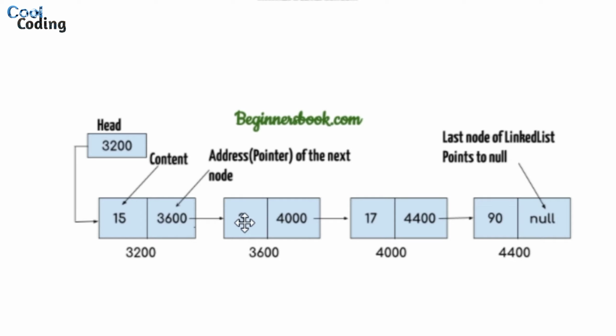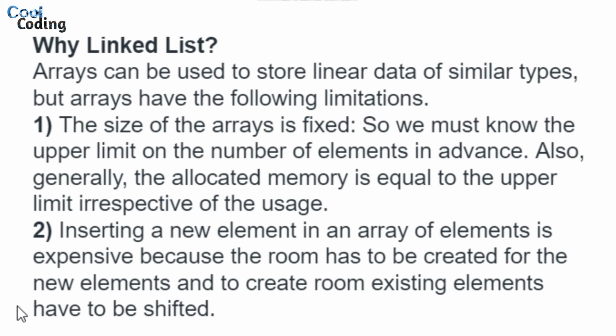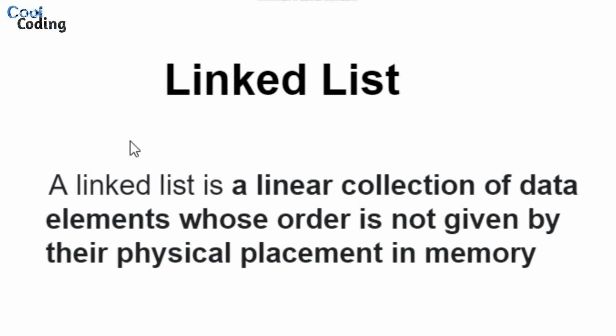And then again, if I have to link this 3 to 17, in the next node field I will put the address of 17, which is 4000. So now 15, 3 and 17 are linked. And this was all about linked lists. Now go to the compiler.